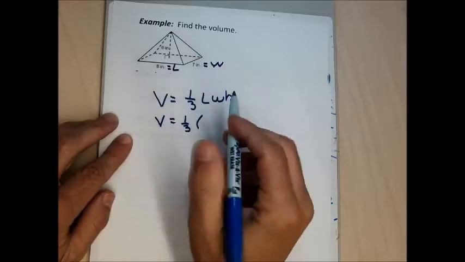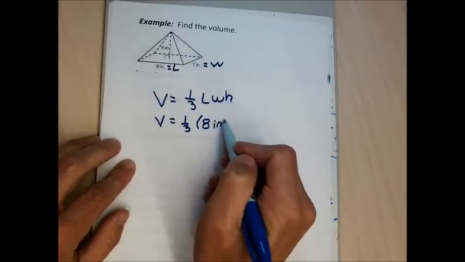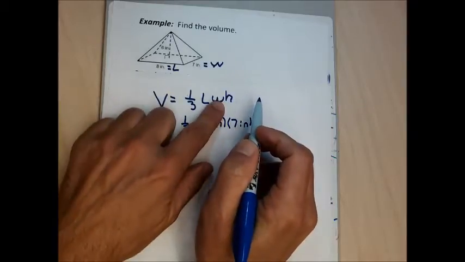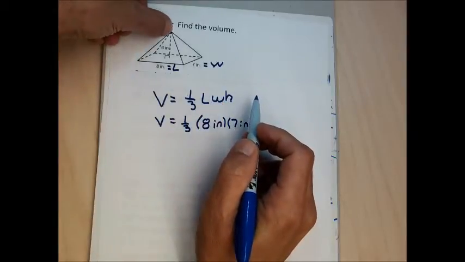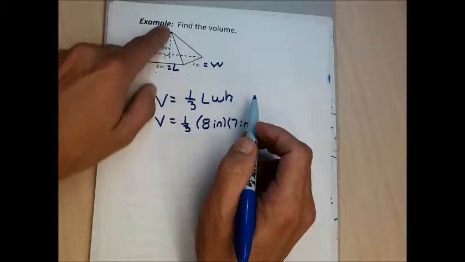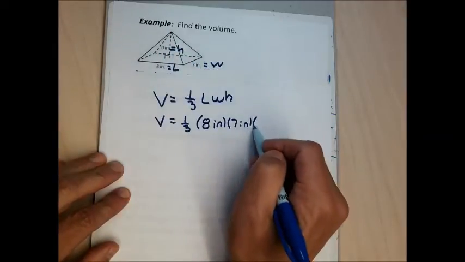The rectangular base, I'll say, has a length of 8 inches, a width of 7 inches, and the last dimension I need is the height. The height is the distance from the very top of the pyramid to the base, and that line actually has to form a right angle, and in this case the height is going to be 6 inches.